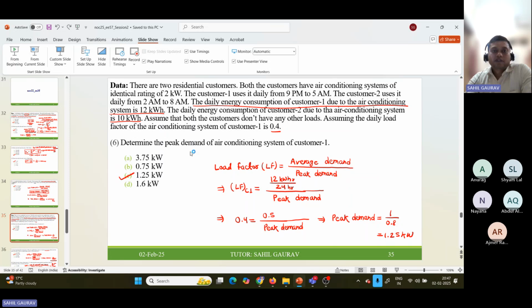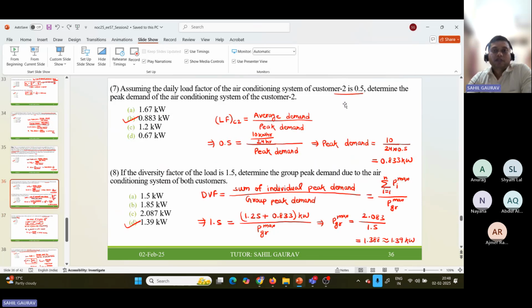They are asking about the peak demand of the air conditioning system of customer one. The load factor is given as 0.4. Average demand we can find from the unit consumption for customer 1, 12 kilowatt hour, over 24 hours. So the peak demand you can find from all this data. You will get 1.25 kilowatt. Now, similarly, you can find the peak demand for customer two.